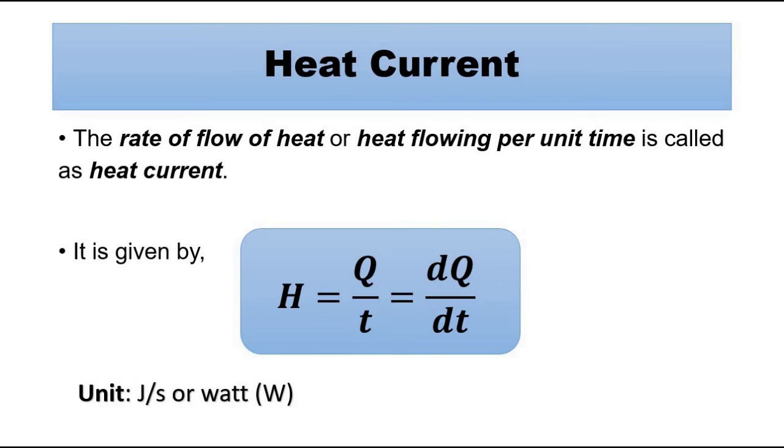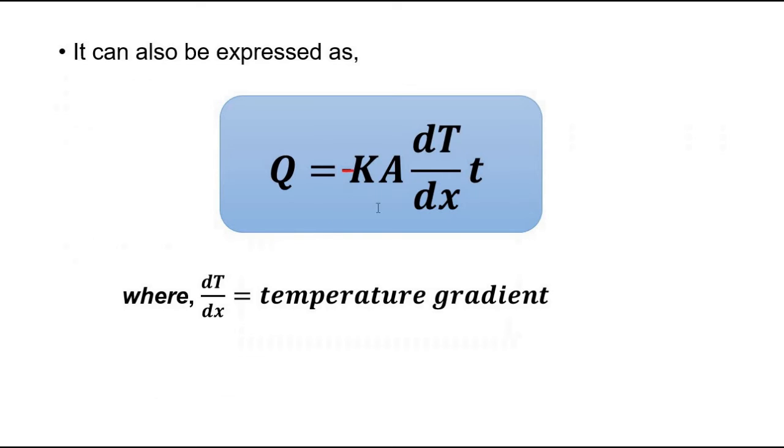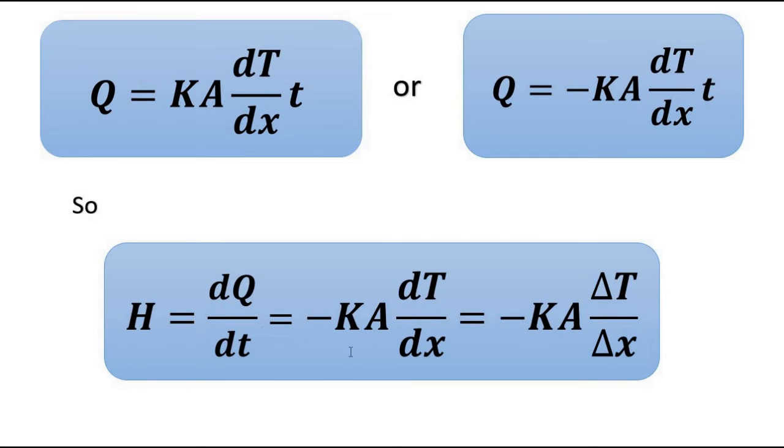So we know that Q is equal to K A dT by dx into T, or minus K A dT by dx into T. So we can represent heat current as H is equal to dQ by dt, which is equal to minus K A dT by dx, or minus K A delta T by delta x. This is the expression of heat current.